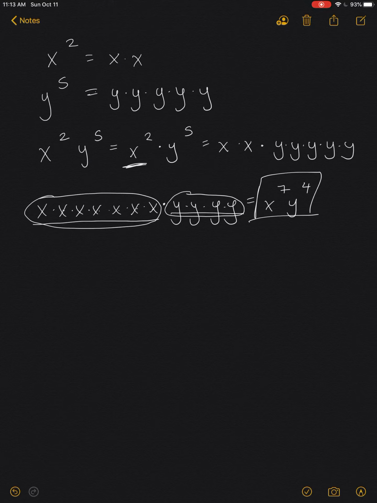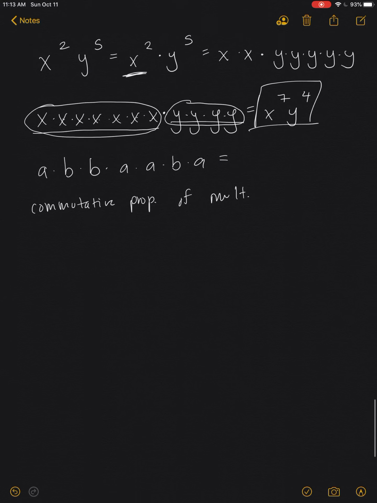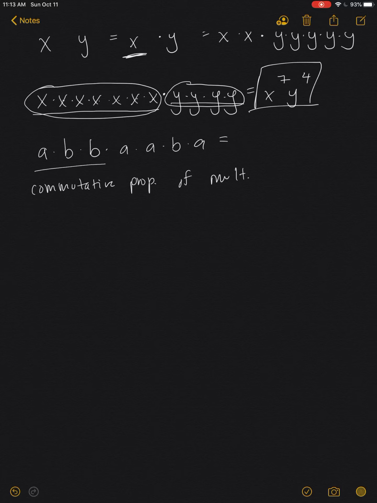And sometimes you might see something in different orders, right? So I'm going to use a and b now. So maybe it's a times b times b times a times a, something like that. Right? So if you remember the commutative property of multiplication, that means I can multiply in any order that I want, right?